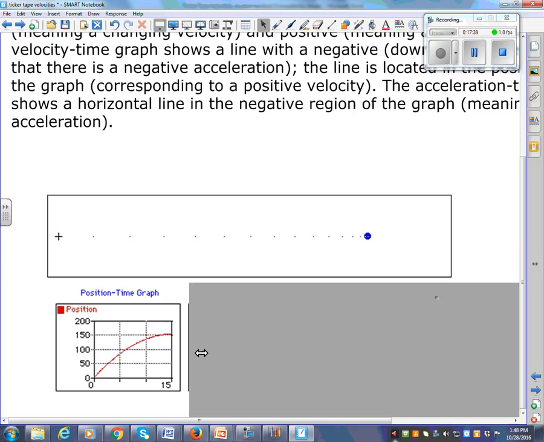I sort of threw that out there before I could guess. Right? It's positive, and the slope is getting flatter and flatter. The speed at the start is quite high, so the slope at the start is quite high. And it flattens out.